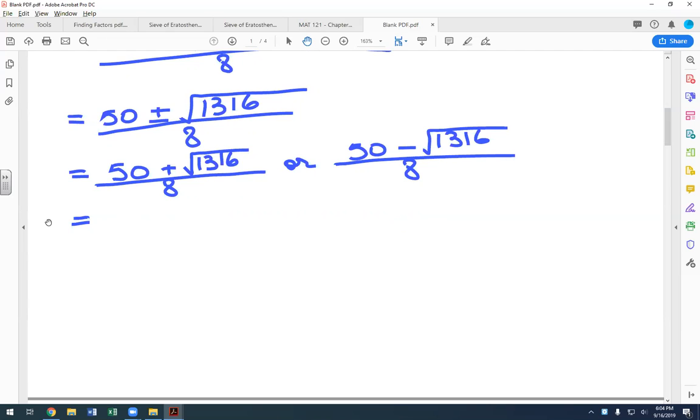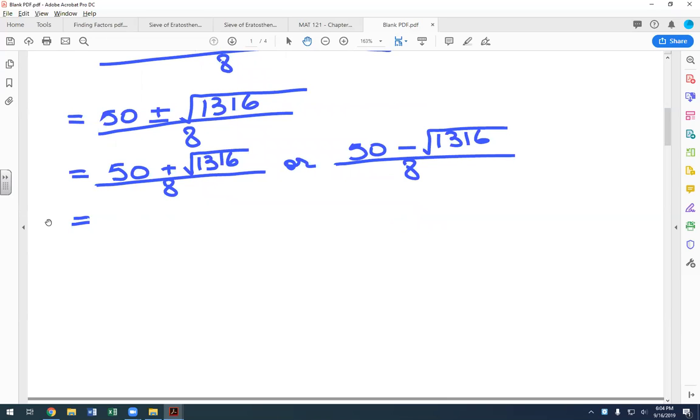What'd you get? No, I don't think I know how to use it correctly. Okay, what did you do? 50 plus square root of 1316. Okay, hit enter. Oh, I have to enter first. Yeah, because your division is going under the square. So what's the one with the positive? 50 plus.